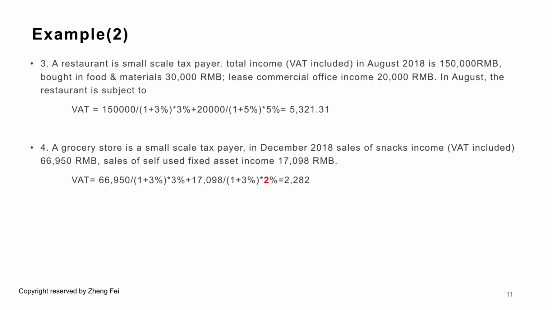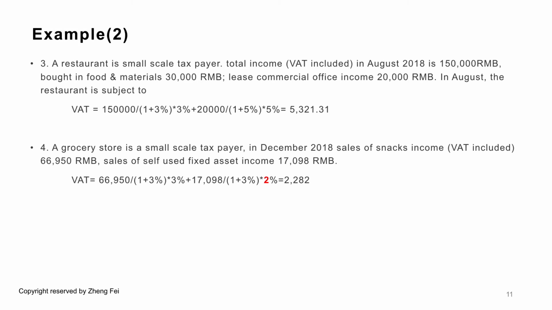Fourth, a grocery store is a small-scale taxpayer. In December 2018, the sales of snack income is 66,950 RMB. And the sales of self-used fixed asset income is 17,098 RMB.